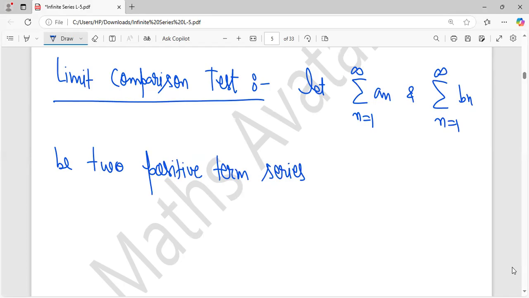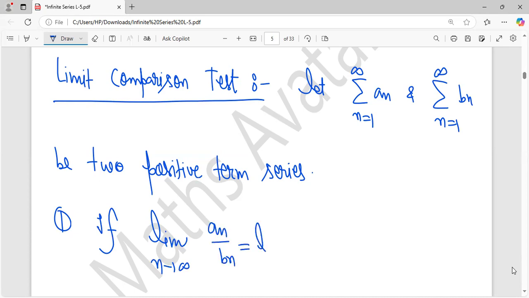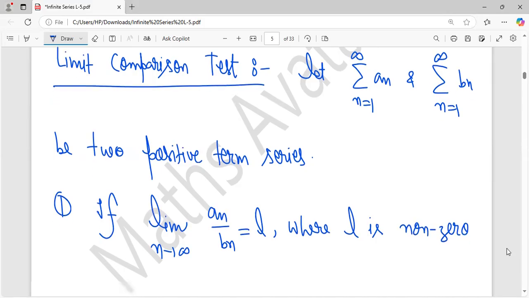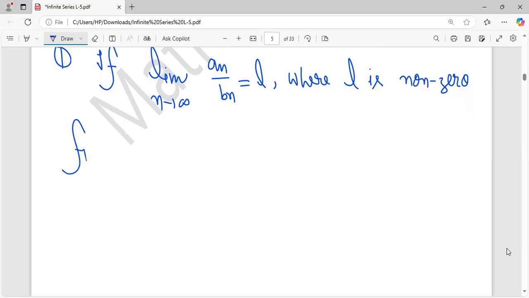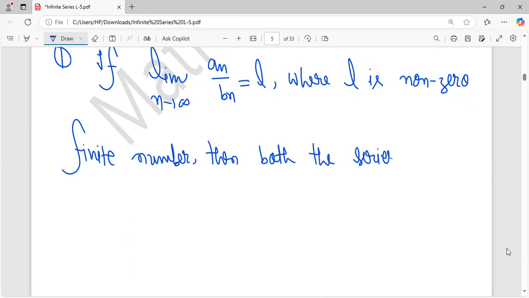It means a n and b n are positive for all n belonging to the natural numbers. If the limit n tending to infinity a n upon b n is equal to L, where L is a non-zero finite number, then both the series converge or diverge together. Okay.